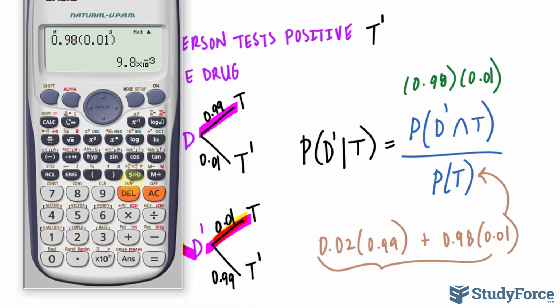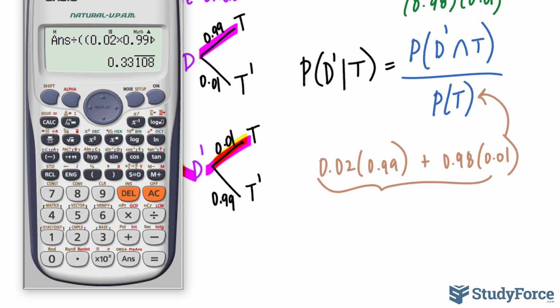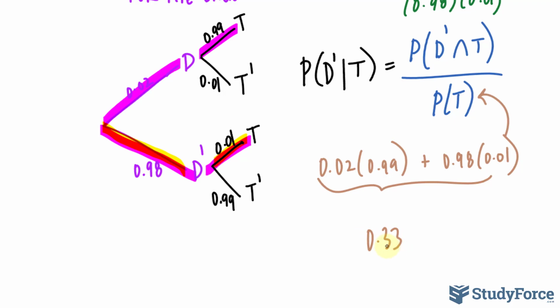That results into the following number divided by, at the bottom, 0.02 times 0.99 plus 0.98 times 0.01. We end up with 0.33. 0.33 is the probability.